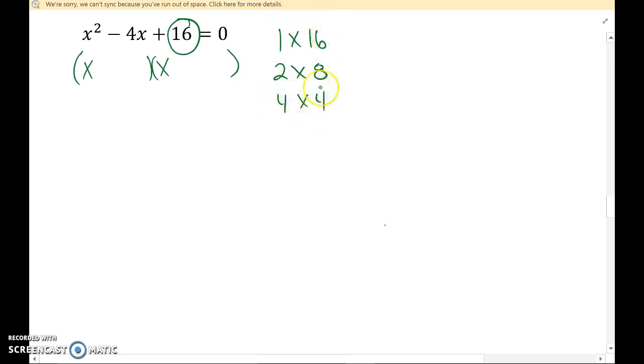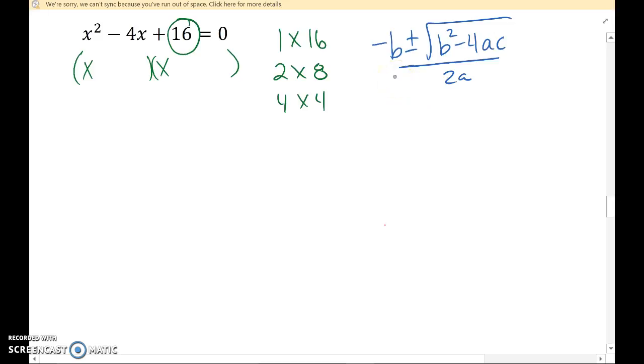There are none of these multiples that can give us a negative 4 with their sums. So that takes us to the quadratic formula, which is negative b plus or minus the square root of b squared minus 4ac all over 2a.